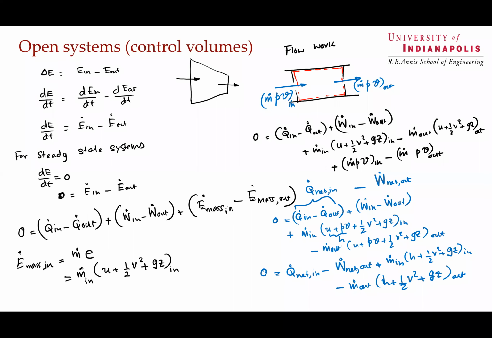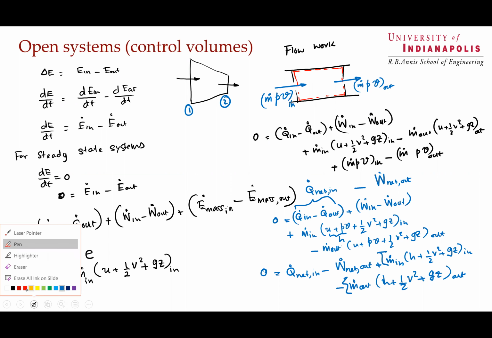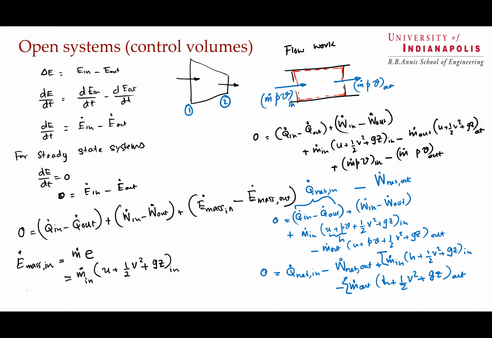Okay, so that's your open system equation. You have multiple inlets and outlets, so you can put a sigma to add all the inputs and outputs. If you have a single input and output, 1 and 2, like in this case, you can further simplify this. Mostly we look at single input, single output devices.